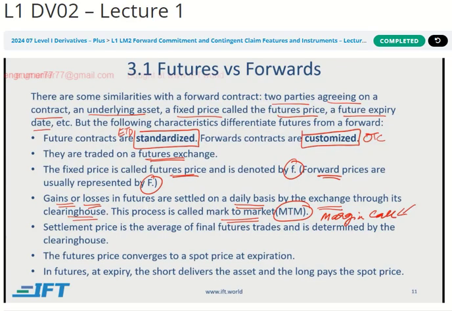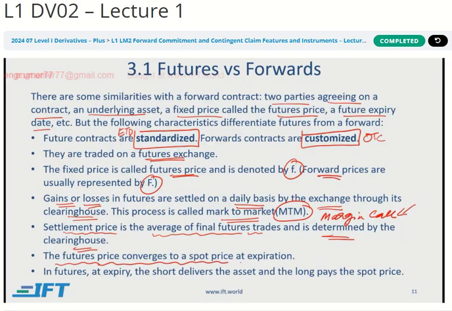Now, the settlement price, by the way, of a futures contract is not the last price traded, but an average of the final trades. So when the market is about to close, they will take the last few trades and they will take an average of that, and that is what is called a settlement price. And the clearing house determines this.